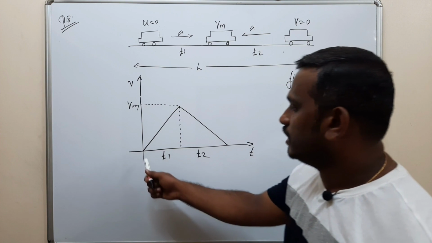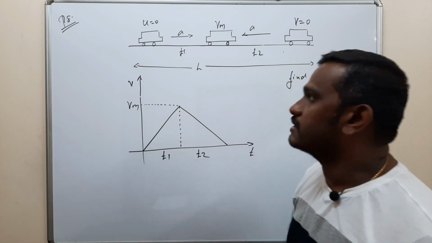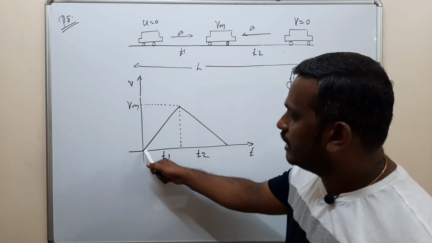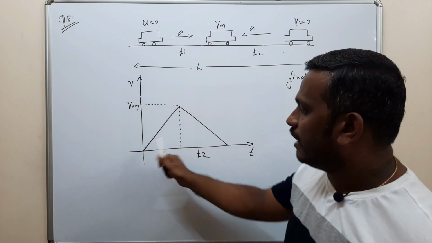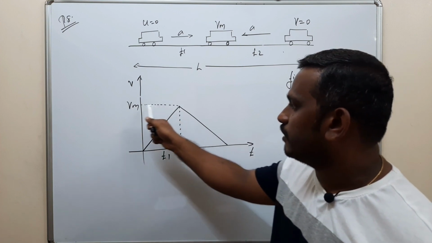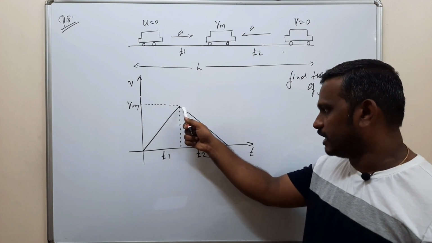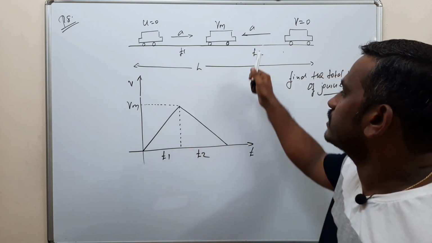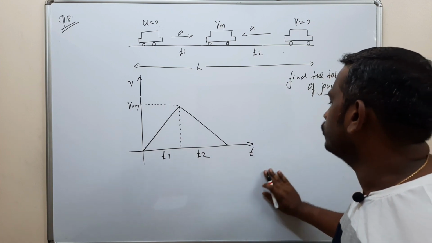So that is the velocity time graph of the car. The car starts from rest, that is initial velocity 0 at time t is equal to 0. After that it accelerates with a constant acceleration, and after time t1 it reaches a maximum velocity Vm. From that point it starts to decelerate with a constant acceleration a, and after time t2 it comes to rest.